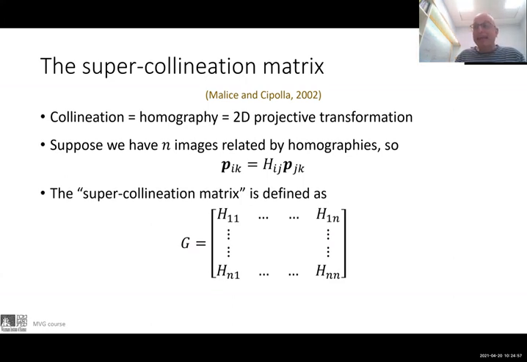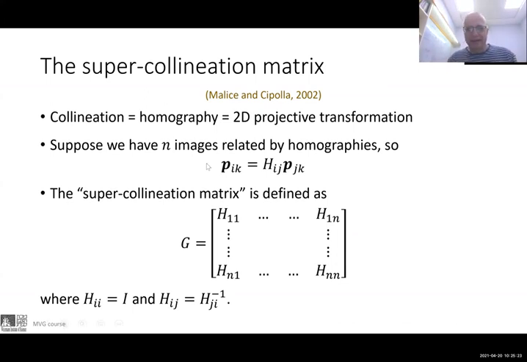Okay, so now I can take these H's and put them all in one big matrix, which we call G. So H11 is which matrix? What do you think, H11? It would be identity. Right? From image 1 to image 1, the homography is identity.